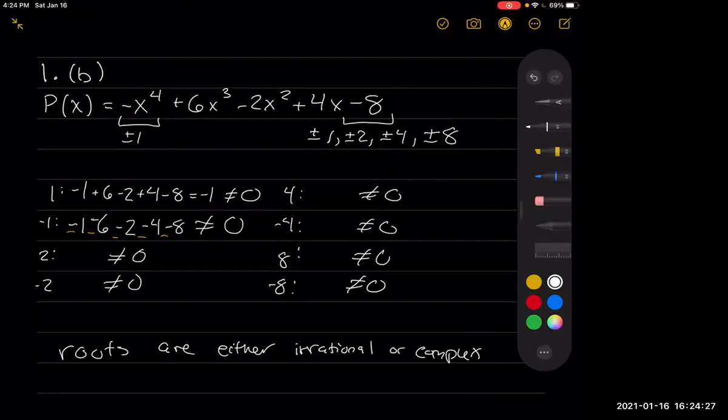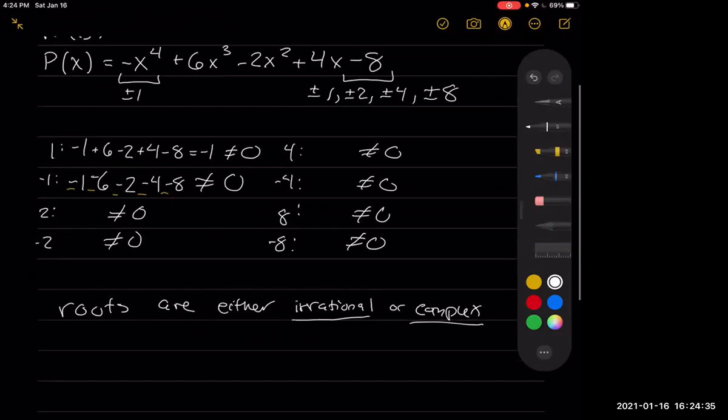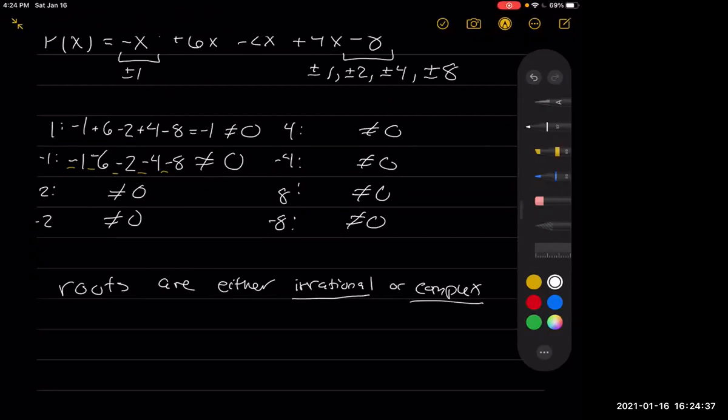It's just letting you know that you can have a polynomial that has funky roots, so it's either irrational or complex. If you don't remember what an irrational number is, that's something like the square root of 2 or pi. You cannot write them as fractions. They have a non-repeating decimal representation.